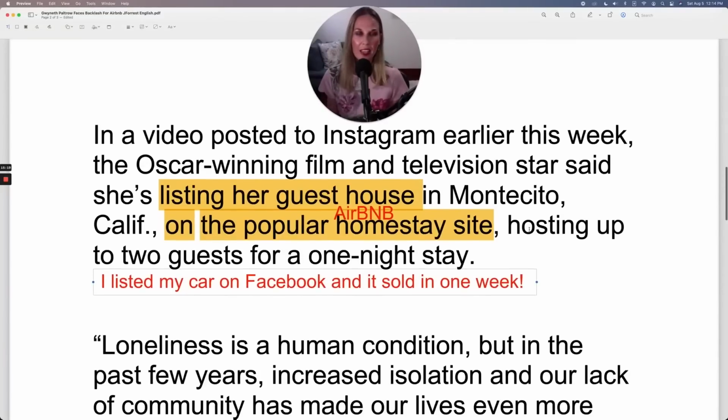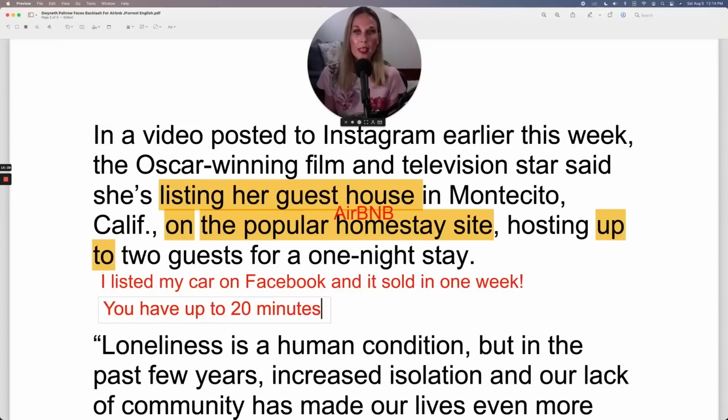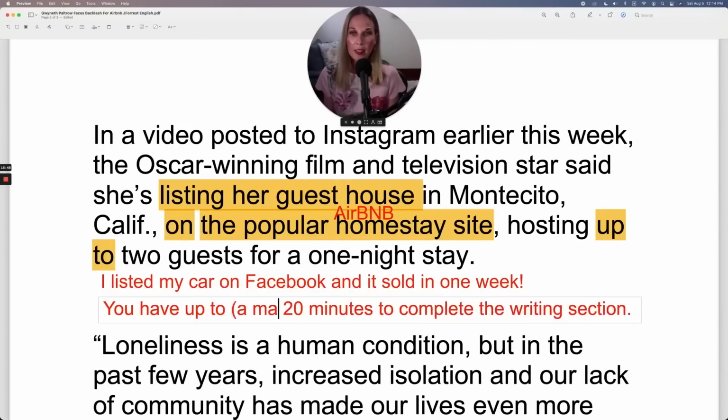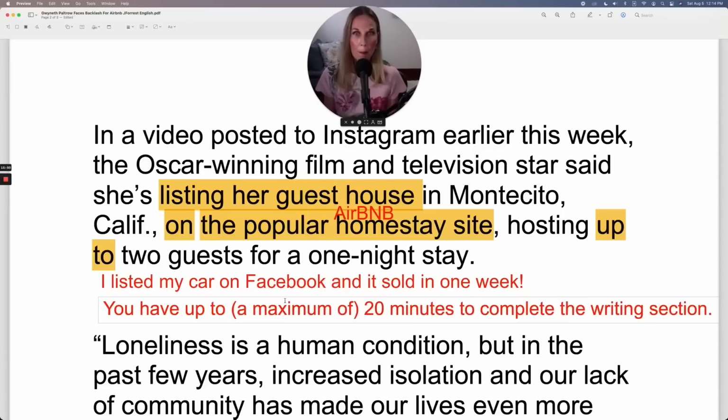Now, in this case, she says hosting up to 2 guests. Up to. In this case, up to represents the maximum amount. So if you're writing your IELTS or any kind of exam, they might say you have up to 20 minutes to complete the writing section. Up to 20 minutes. This is a maximum of 20 minutes.